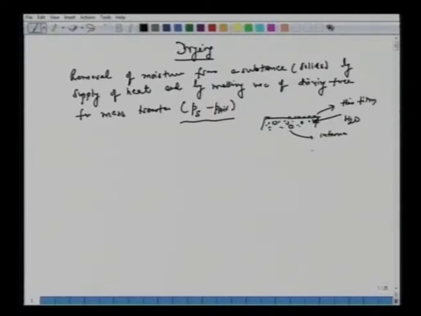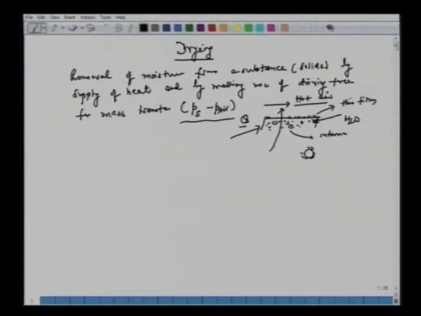So even on one solid, it's possible that there is a film of moisture. We supply some heat Q, either by radiation, or we can have hot air flowing over this, or we can pass the hot air right through this. So we talk about these different methods of contact between the hot air and the solid.